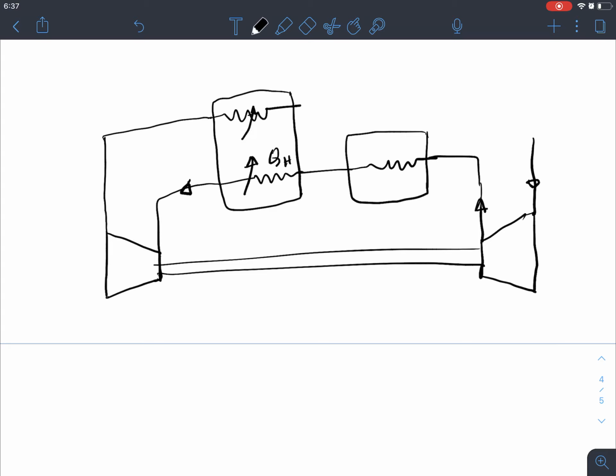Before that we can pass it through a conditioned or refrigerated space.